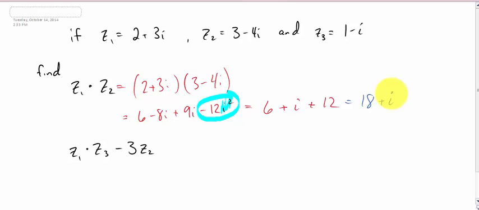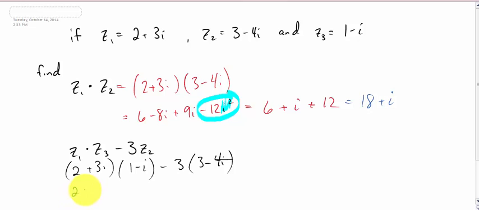All right, so the second one, hopefully you've attempted this one also. 2 plus 3i times 1 minus i, minus 3 times 3 minus 4i. I'm going to multiply the first two together and distribute into the next one. 2 minus 2i plus 3i minus 3i squared minus 9 plus 12i.